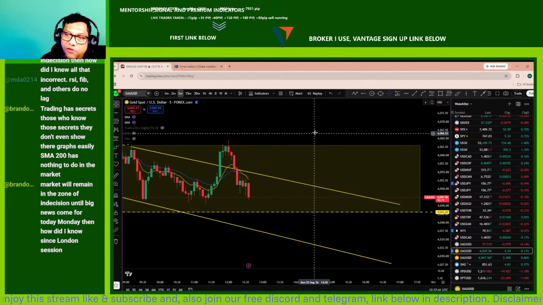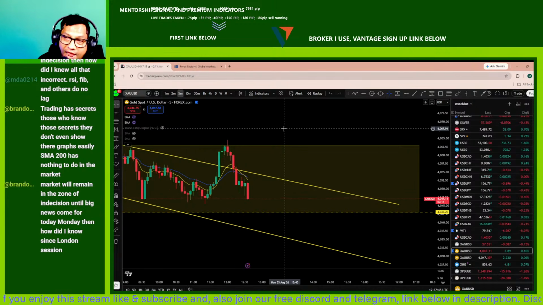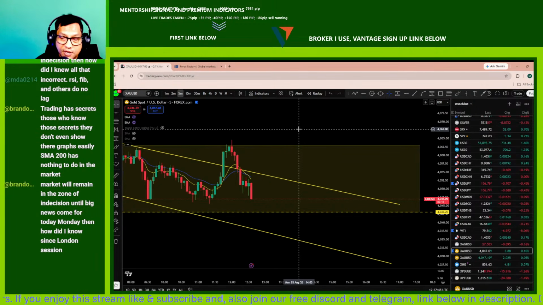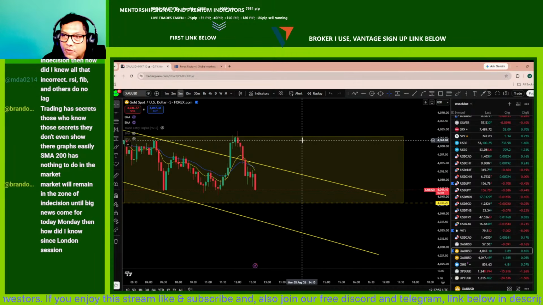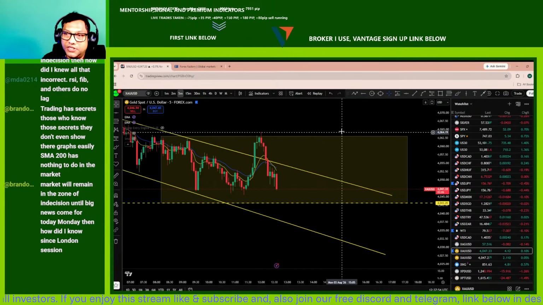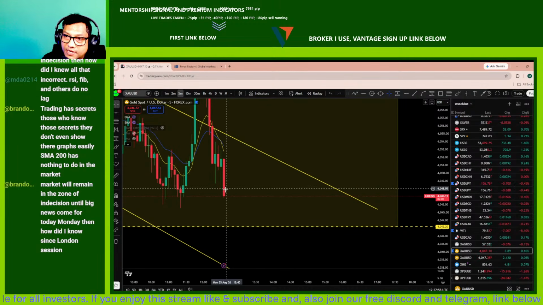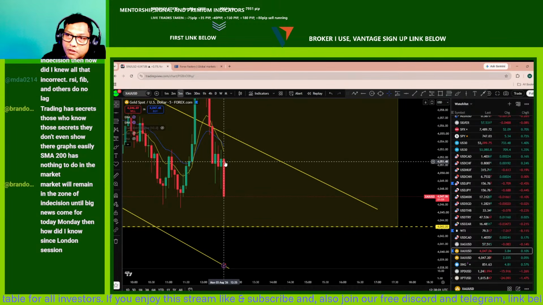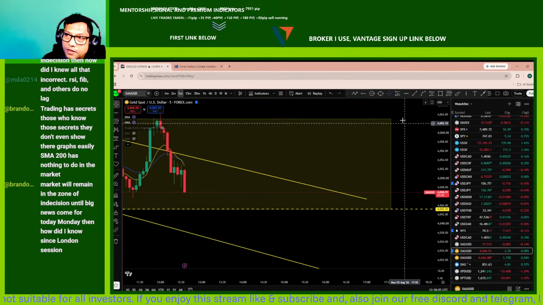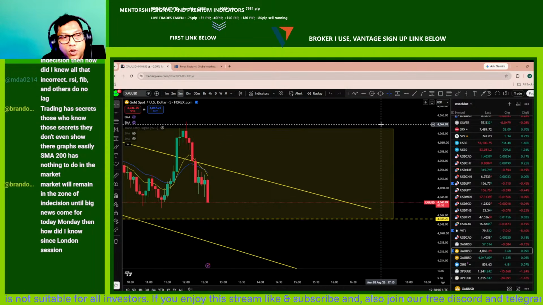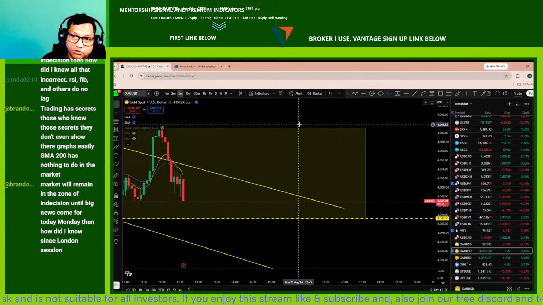So what is in fact beneficial for finding an edge for your probabilistic trade is the price action. You see this candle, the red candle, this supply area, demand area. The price action is where you can find high probability information for your trading decision.